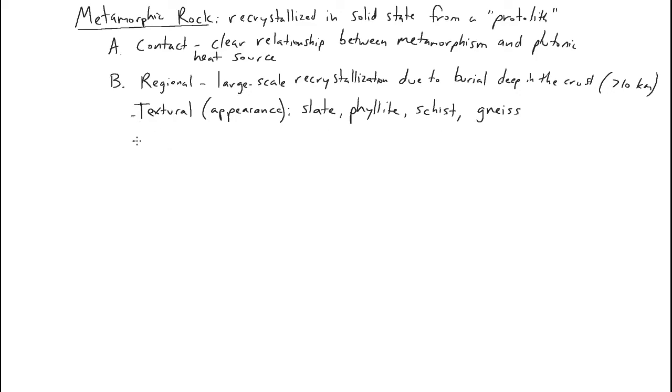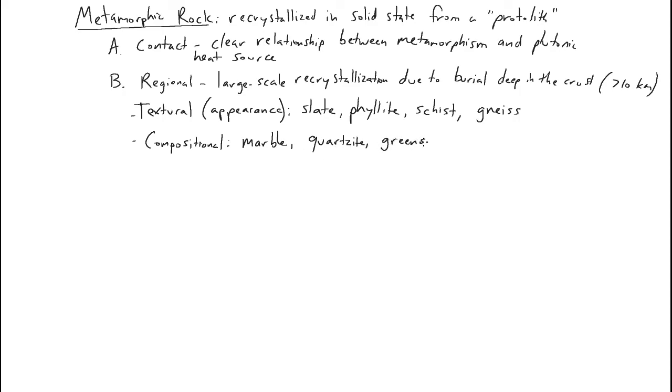We also have compositional classification of metamorphic rocks. So we have marbles, which come from metamorphosed carbonates, limestones, and dolostones. We have quartzite, which is a metamorphosed sandstone, sedimentary rock, both of these.